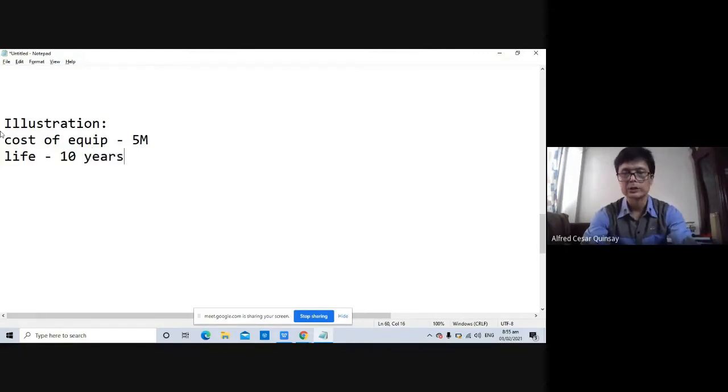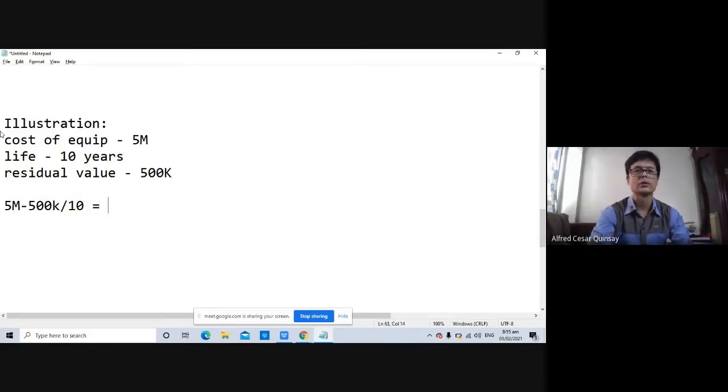The residual or salvage value is 500,000. So how do we compute the depreciation? 5 million less 500,000, divided by 10 years. So how much is that?